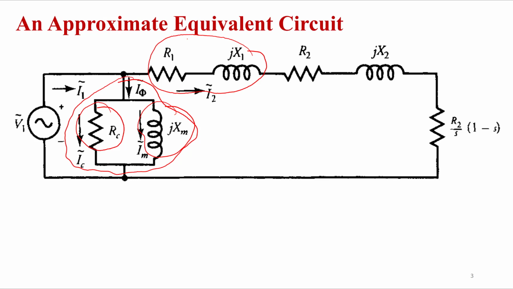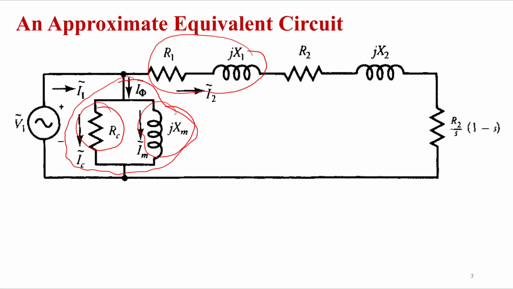Okay. So now we can see how the calculation becomes easier. Of course I1 is equal to I phi plus I2, whereas I2 is flowing through R1 and jX1, right?